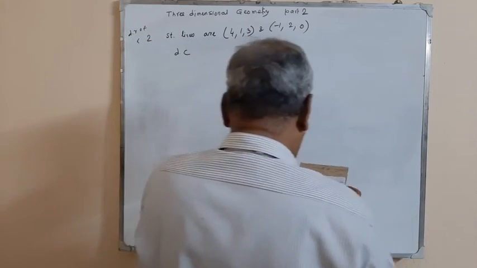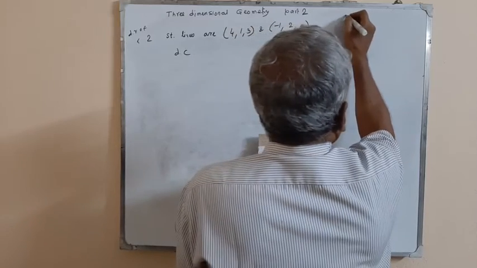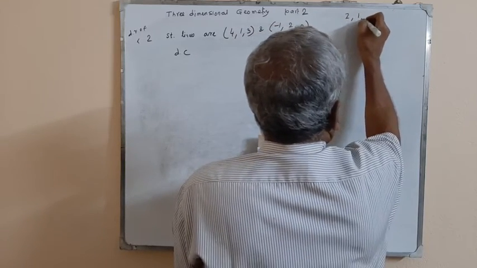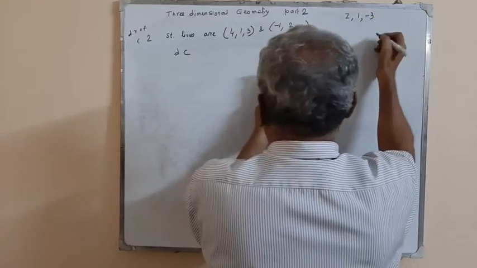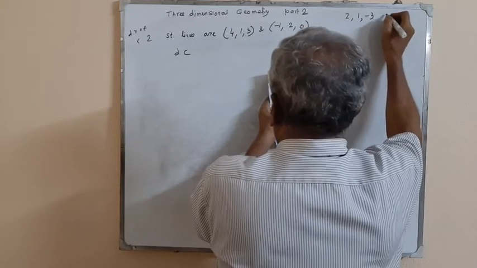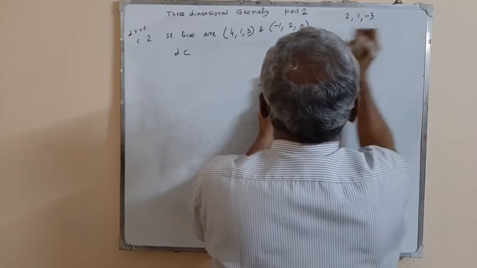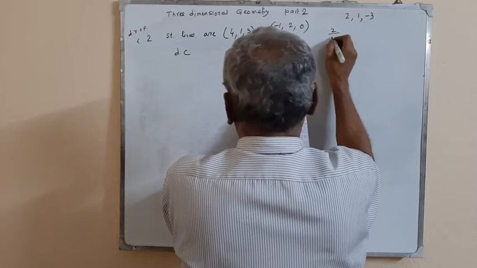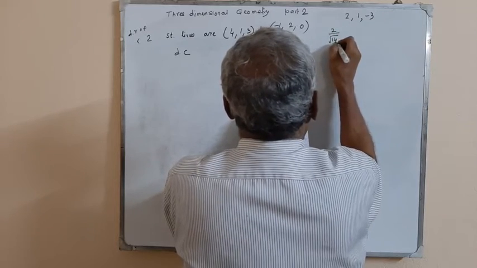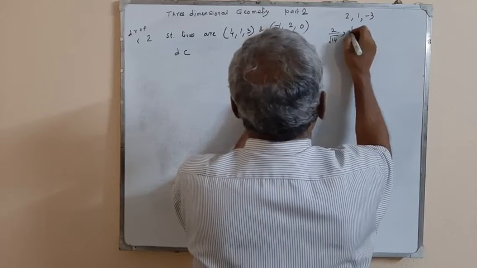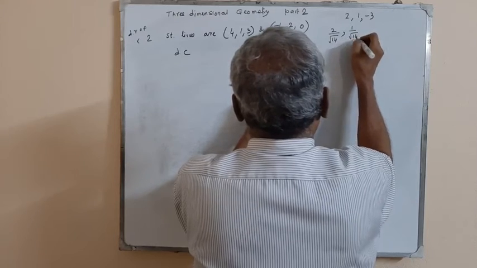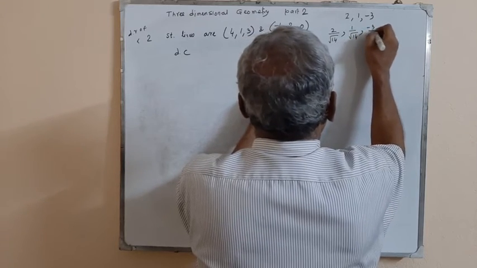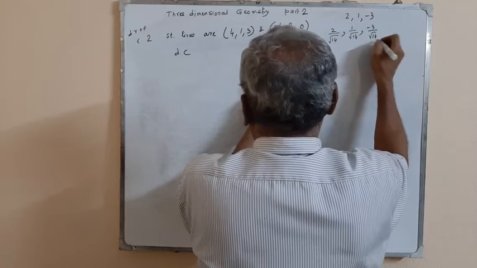And the options: (2, 1, -3), then 2 by √14, 1 by √14, and -3 by √14.